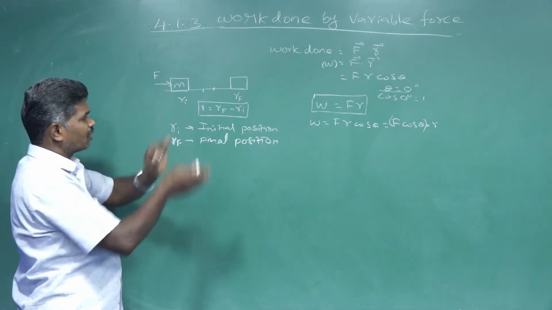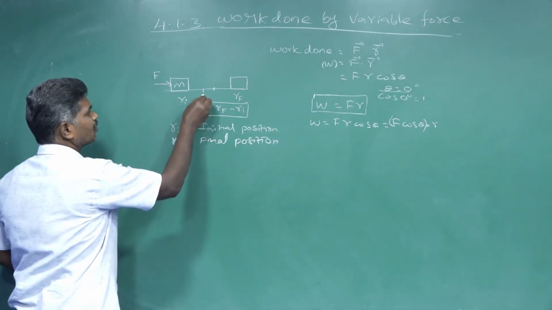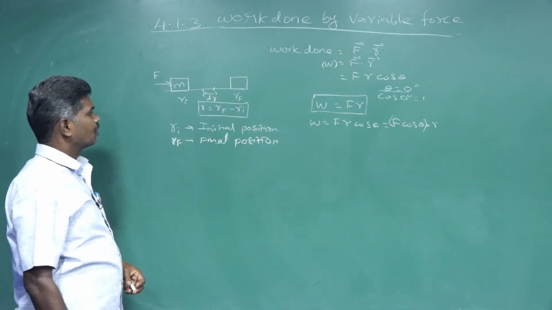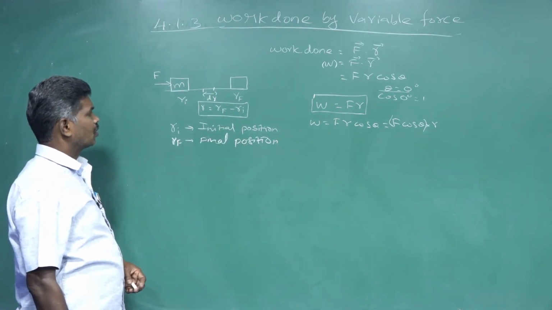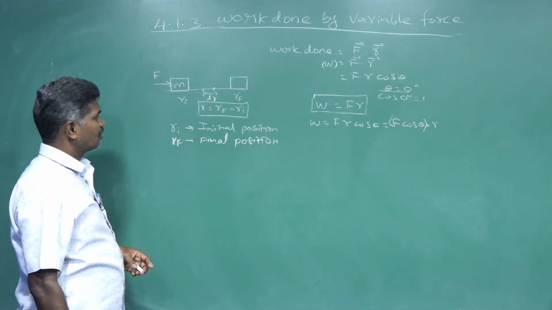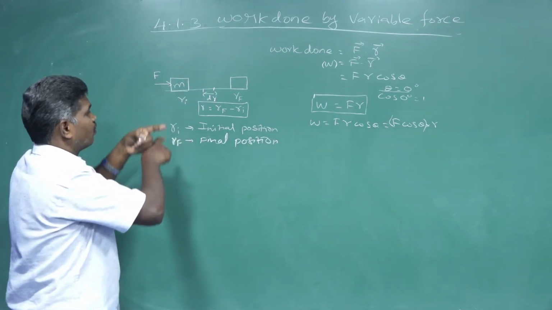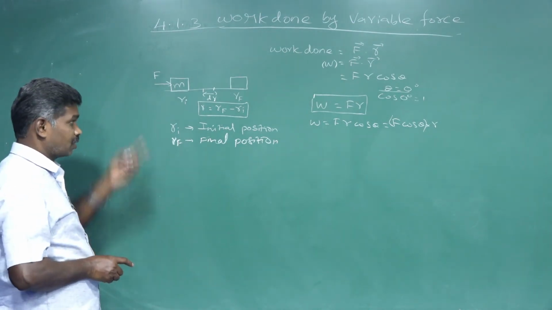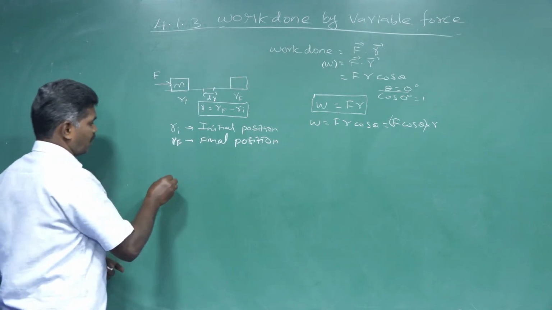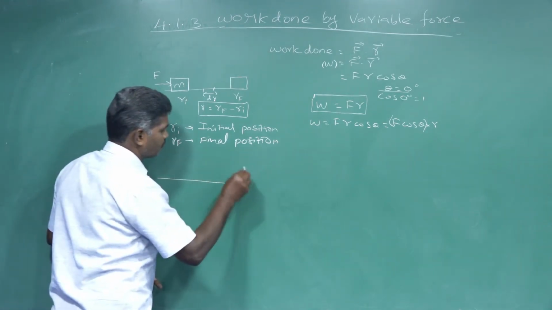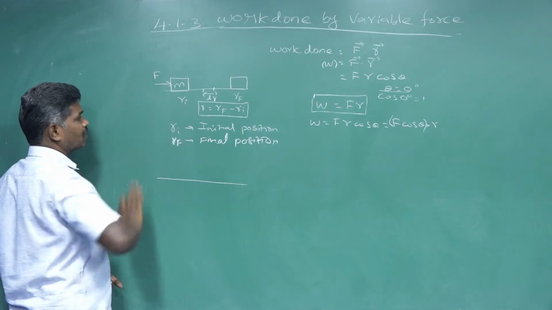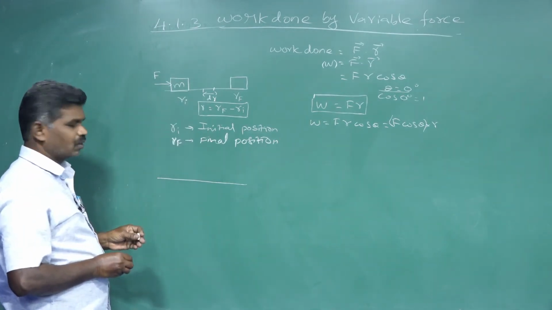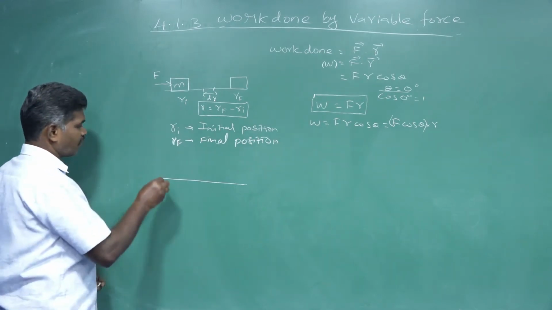That small interval distance can be taken as dr. Suppose our applied force may be in the direction of movement or in some other direction. For that, we are going to take another diagram. This is a general diagram for work done by the applied force.